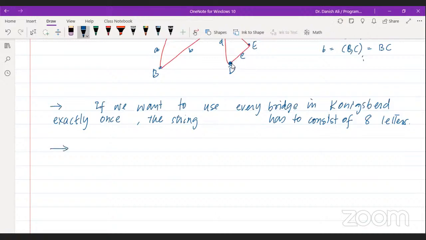How many different letters are we using? We are using 4 letters: A, B, C, D.